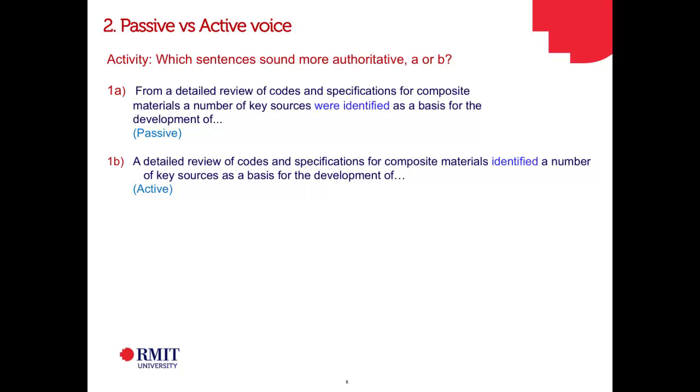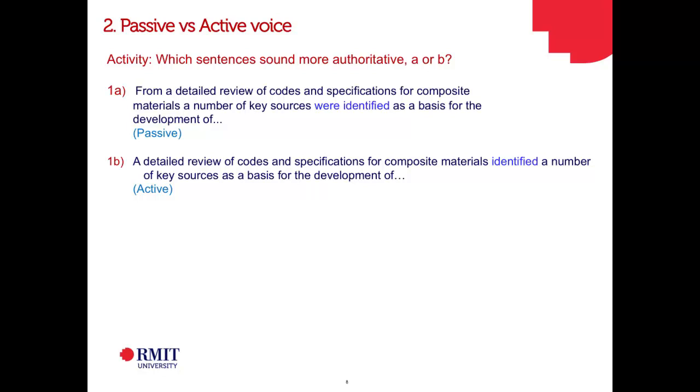Pause the video while you think about it. That's right. B is actually more controlled because it fronts the research method and that actively leads to the results.